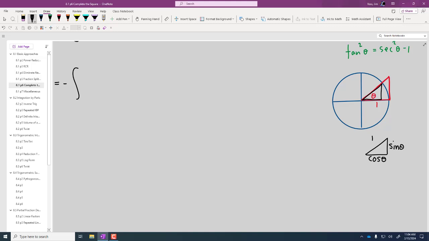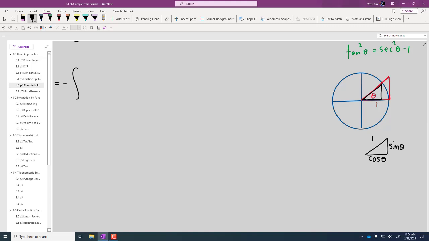Do you agree that the red and the black are similar? Similar triangles have the same angles but different dimensions. So you agree the black and the red have to have the same angles.